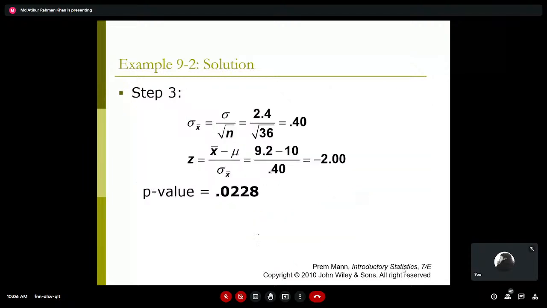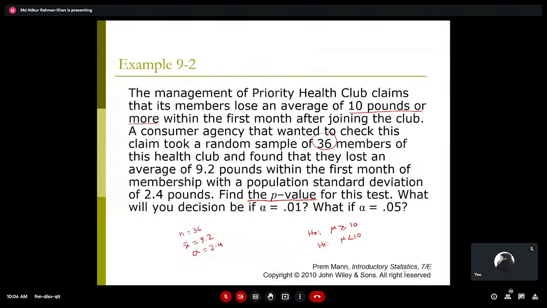In the next step, step 3, we calculate the Z statistic. Z equals x bar minus mu divided by sigma x bar. That's the formula. Here we have calculated sigma x bar. Then we inserted the values of x bar, mu, and sigma x bar in this formula, and we calculated Z equal to minus 2.00. x bar is already provided.